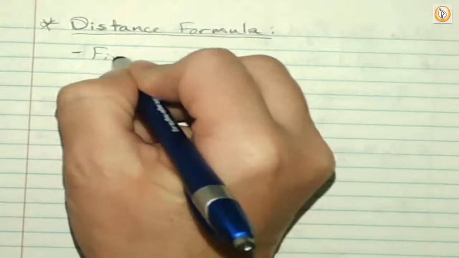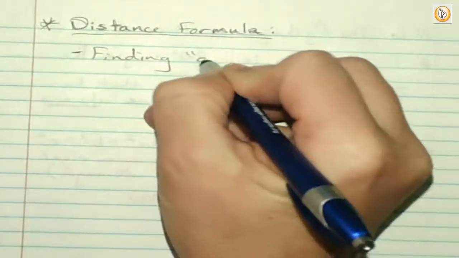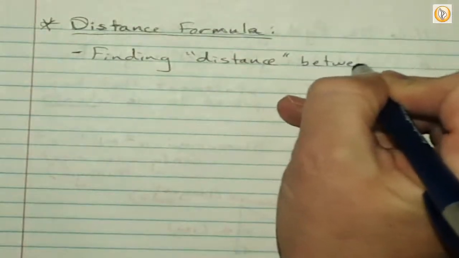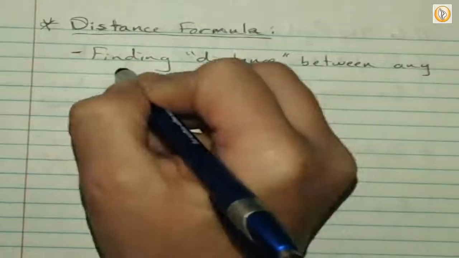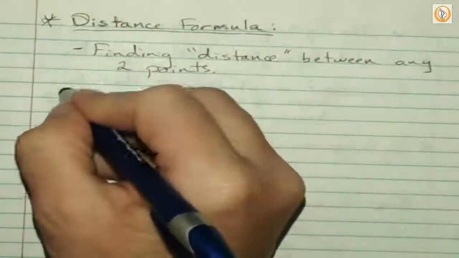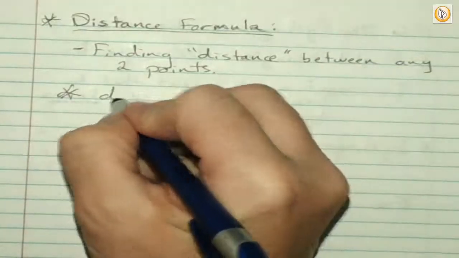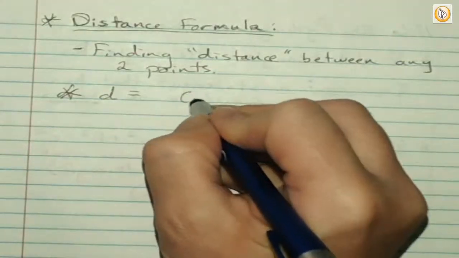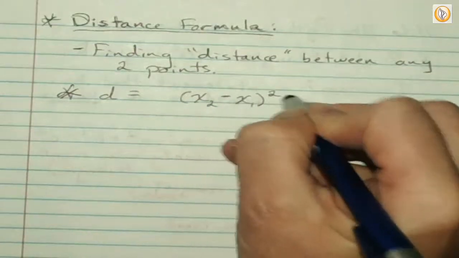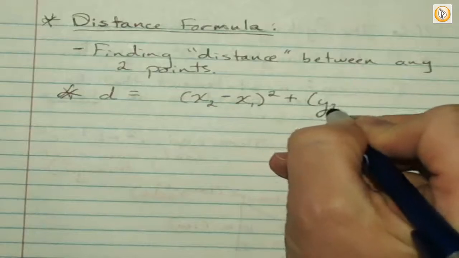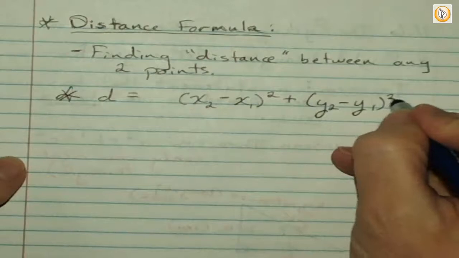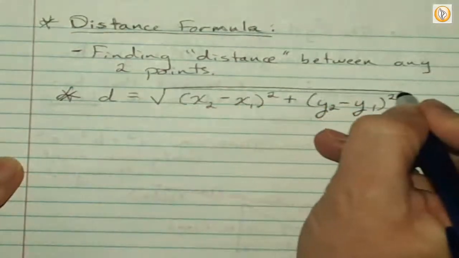This is when finding distance between any 2 points. The formula is D equals the square root of x2 minus x1 squared plus y2 minus y1 squared, all under a radical sign.